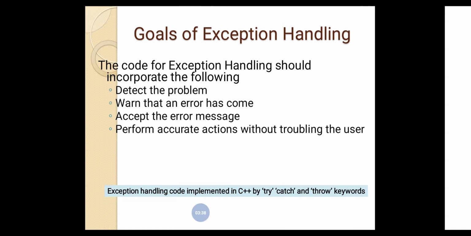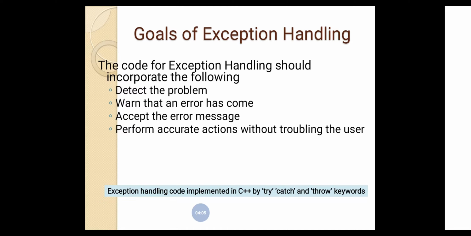That means you can write a program to look for an exception using the try keyword. If an exception is found, you need to throw it. And when you throw an exception, you need to write another block of code which will catch that thrown exception and handle it. That is how the try, catch, and throw keywords are used in C++.